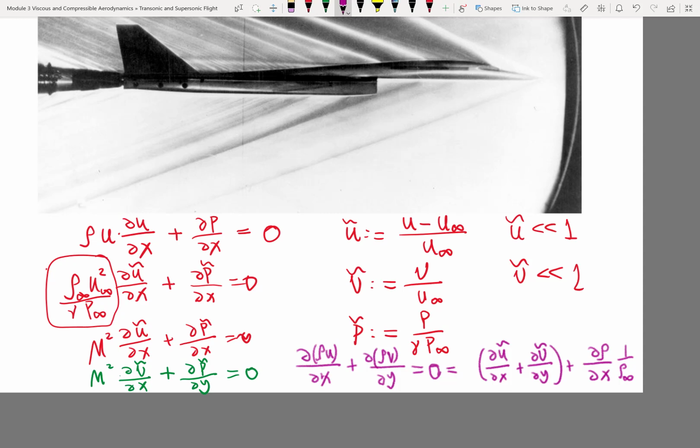When I have small disturbances, the shock waves, the oblique shocks, are also going to be infinitesimally weak, right? So basically, what I'm assuming is that the flow velocity before and after the shock is infinitesimally small.